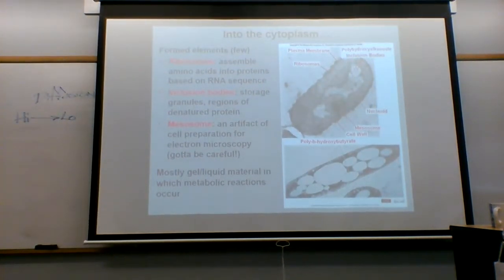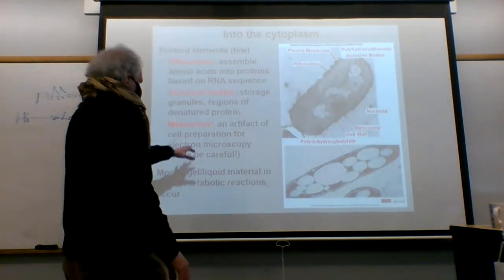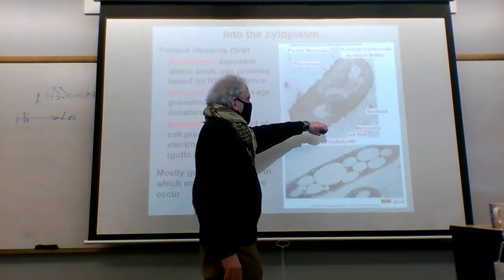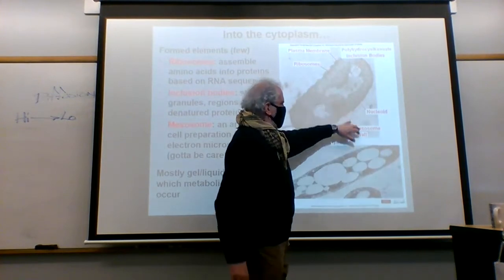They can have what are known as inclusion bodies, just a generalized term for some kind of little storage molecule. You have things like starch, denatured proteins, all sorts of stuff can be held inside an inclusion body. There's always the chance when you're doing electron microscopy that you can generate stuff that is somewhat of an artifact.